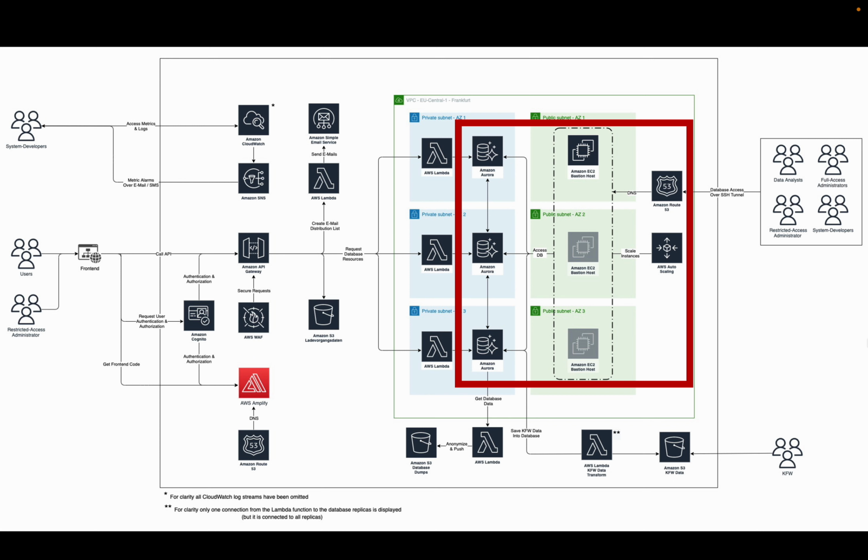The Aurora is serverless, but what you can see in the green part, in the public subnets, is a bastion host. You can think of a bastion host as a very, very secure virtual machine that only allows SSH access.